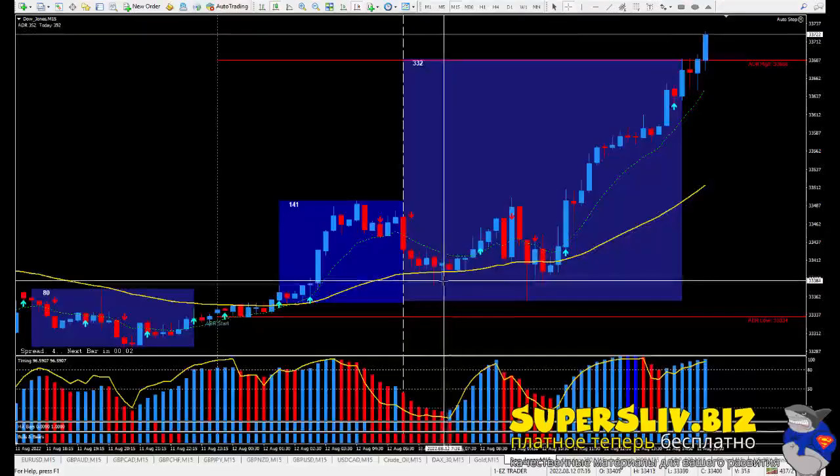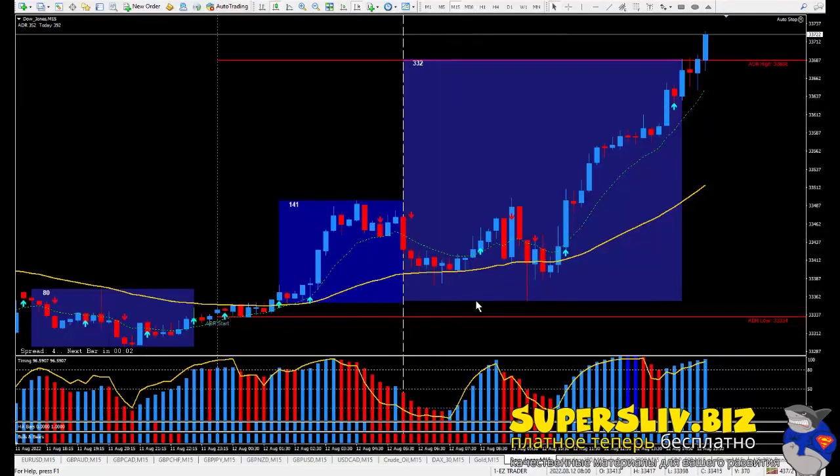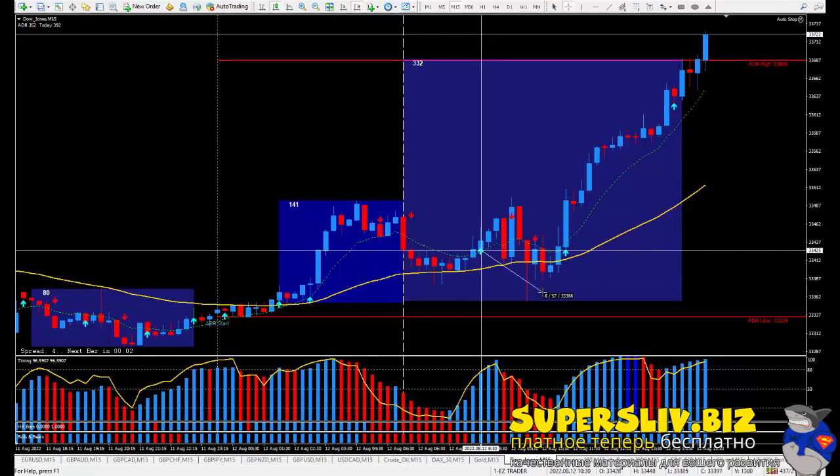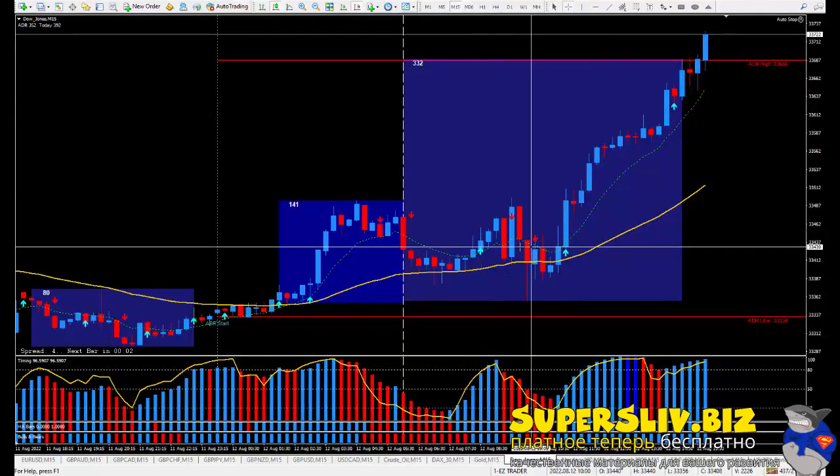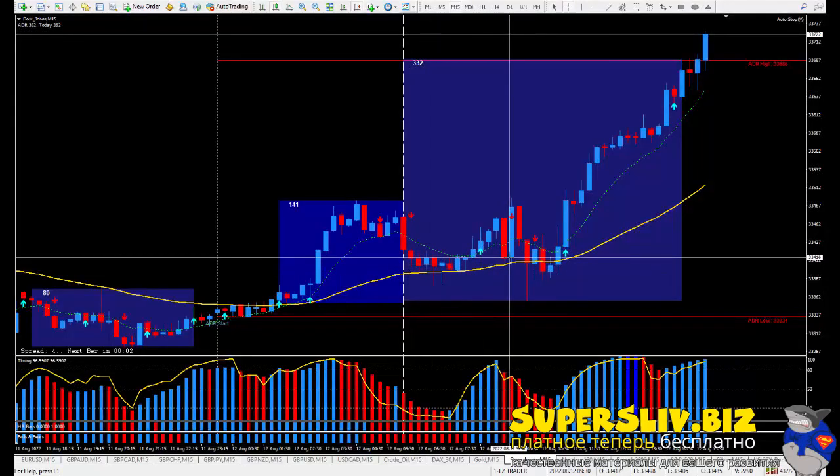Obviously, if you pull the trigger here, you need about a 30 pip stop. And if you're waiting for the signal, it's going to go a lot bigger. That's like 70. But no matter where you get in at, just make sure you give it some room to move, because these futures, they do move.